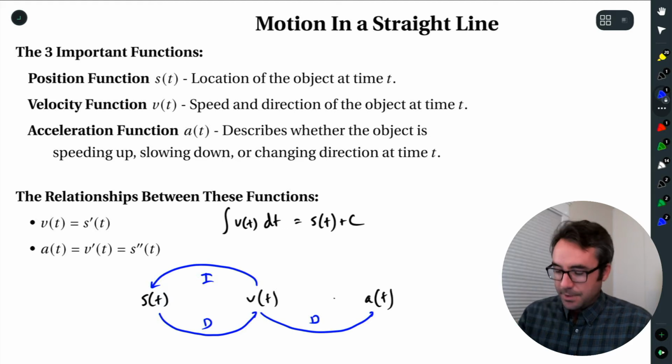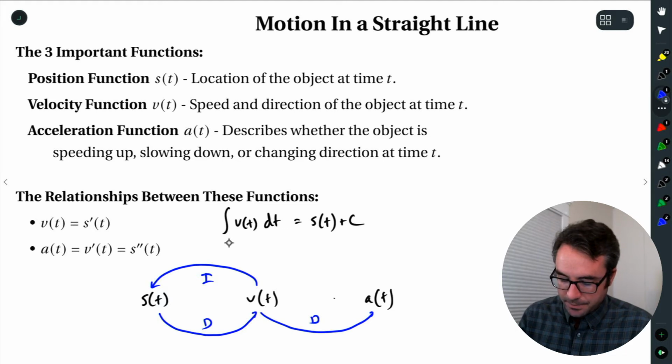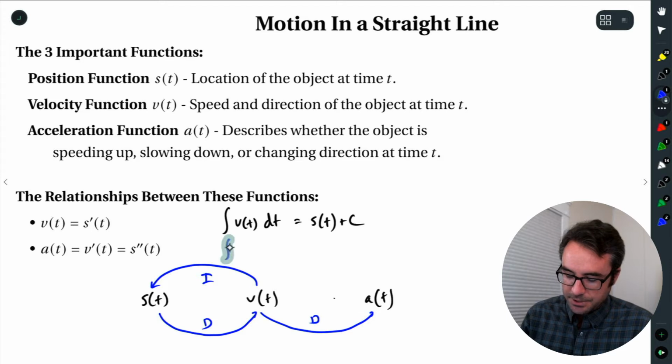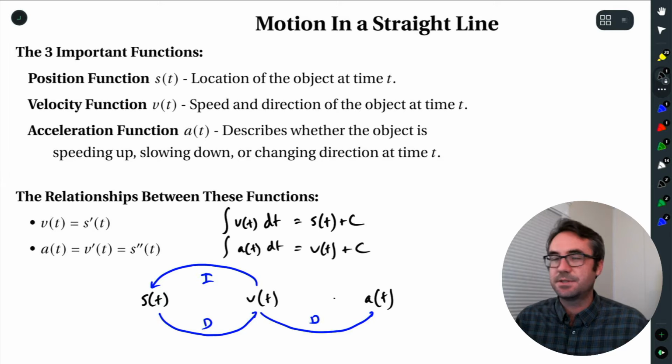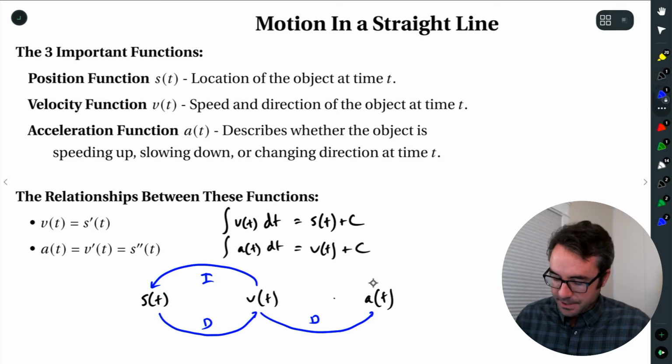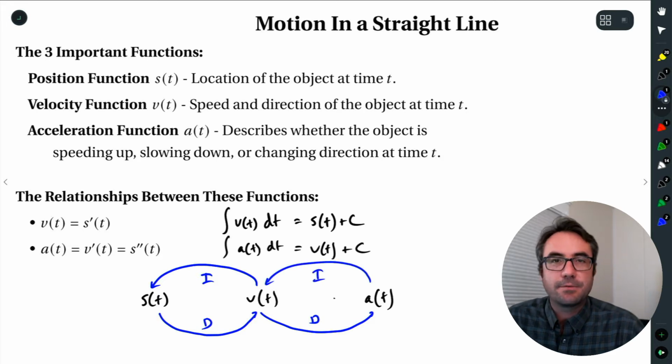And then we can do the same thing for acceleration. If we integrate our acceleration function, we're going to get back our velocity function plus, the usual thing, some unknown constant c. If we work backwards from acceleration by integration, we get our velocity function.